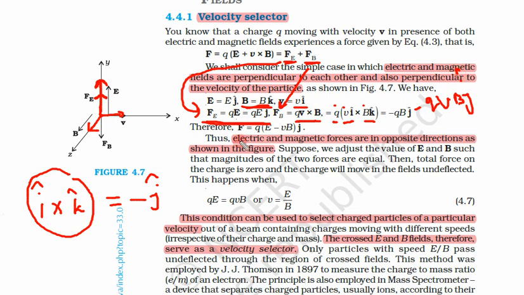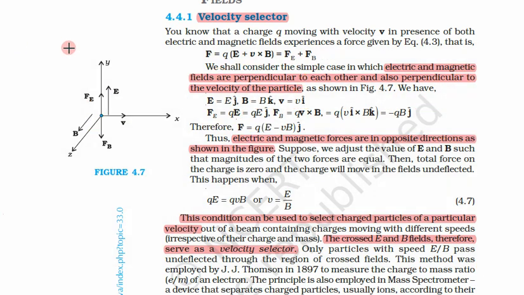If you compare, this electrostatic force is in the positive j direction and this magnetic force is in the negative j direction, that means negative y. This electric force is in the positive j direction.